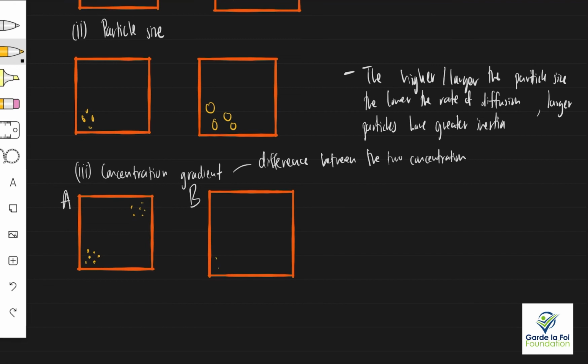And then in system B, we have particles here and a few particles here. We see that A has a lower concentration gradient, while B has a higher concentration gradient.